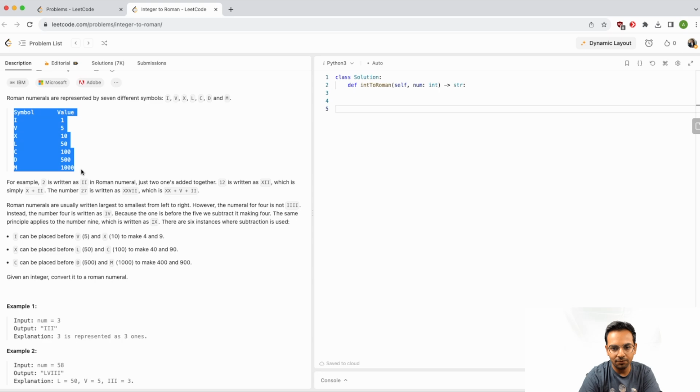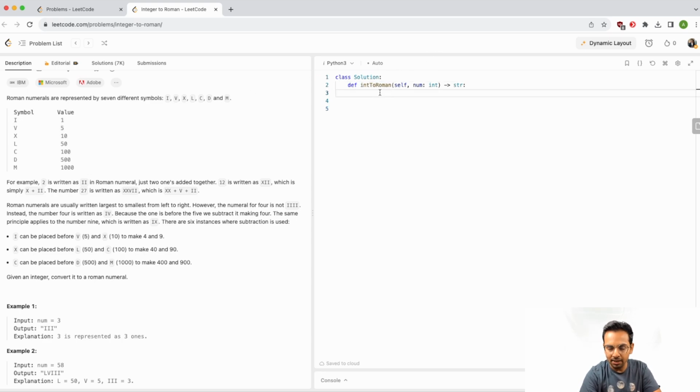So of course, we have a symbol and its value. It should ring a bell. We can start coding it with a dictionary. So how would we go about that? Let's see.